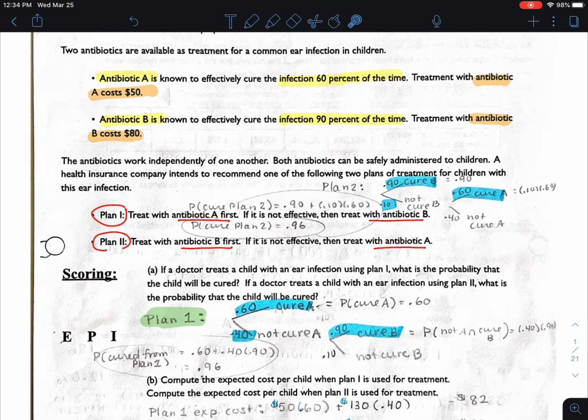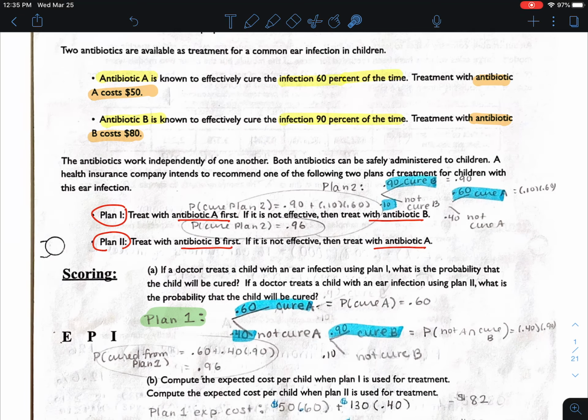So if they're not cured, according to plan A, we're going to go ahead and apply antibiotic B, which they told us is effective 90% of the time. If I'm following this path, remember you multiply across these branches, the probability that A did not work and B worked is these two things multiplied together.